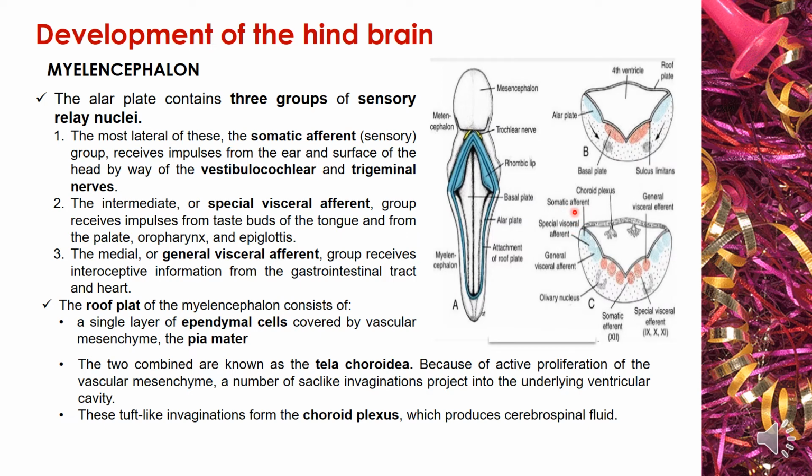Somatic afferent, while the intermediate group of the alar plate is called the special visceral afferent group, receiving impulses from the taste buds of the tongue and from the palate, oropharynx and epiglottis, while the middle group of the alar plate is called the general visceral afferent group, receiving interoceptive information from the gastrointestinal tract and the heart.